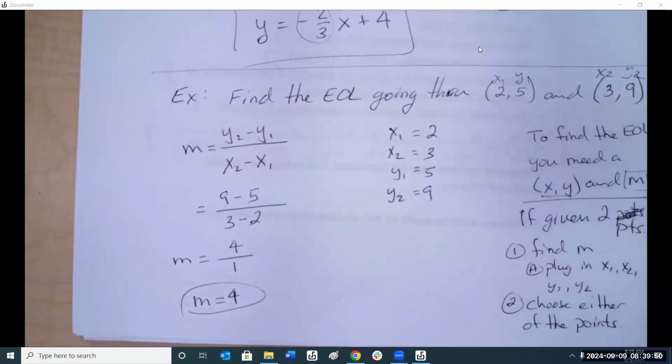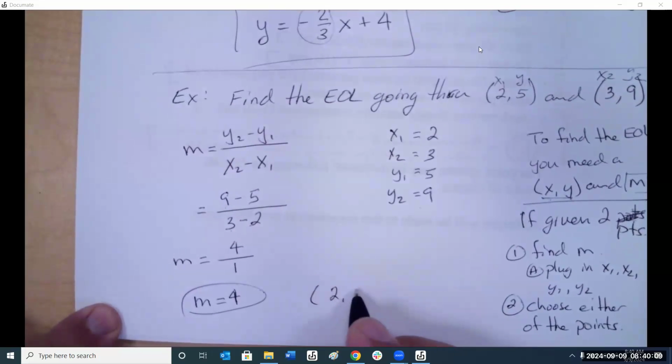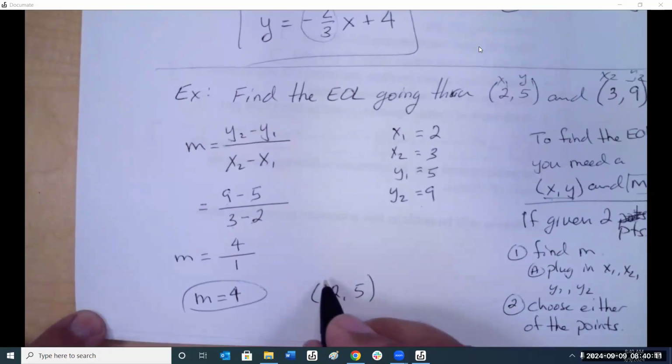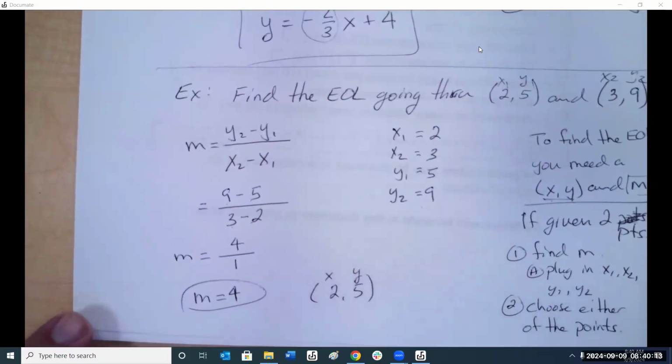Which point are you going to use? Always look for the easier ones. Which ones are easy? The ones that don't have negatives. If they have zeros in there, always use those because they get rid of some of the variables. But since they're both positive numbers, which one's easier to use? Let's use 2 and 5. So here's our x value and here's our y value. Now we have a point and a slope.